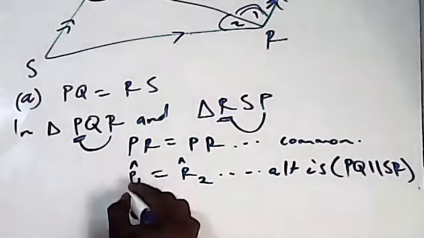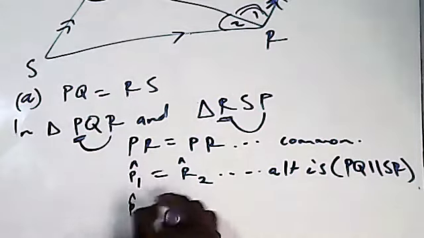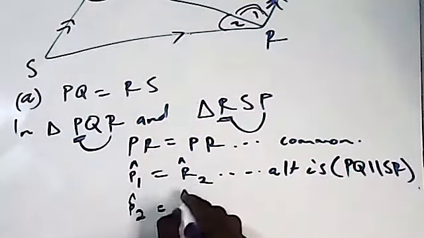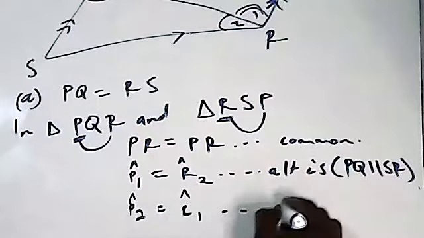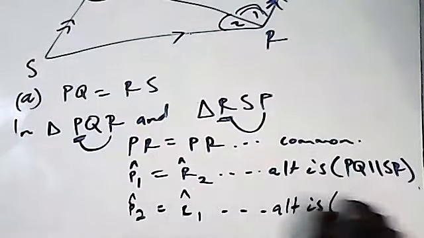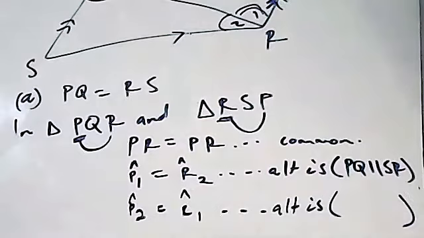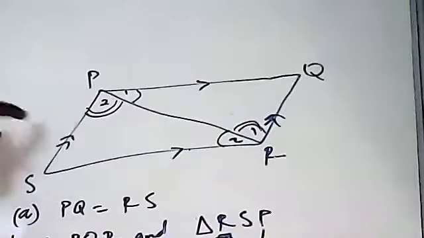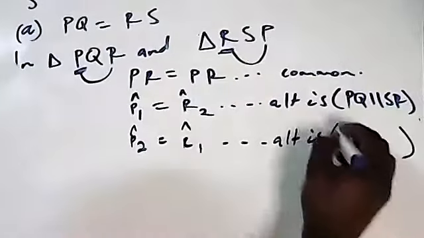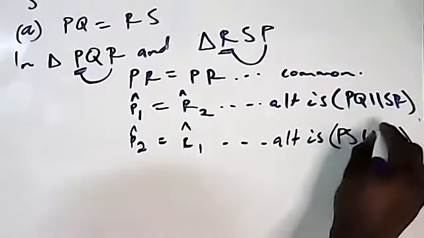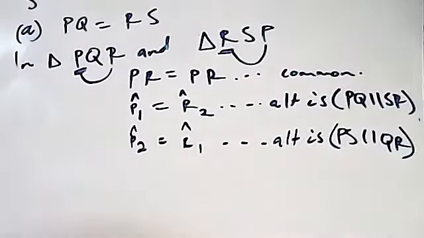So already now we know that angle P2 is equal to angle R1. And the reason for that is alternating angles, but now which lines are parallel? It's PS, right? It's PS being this one here. PS is parallel to QR, right? You must write that here. So it's going to be PS parallel to QR.